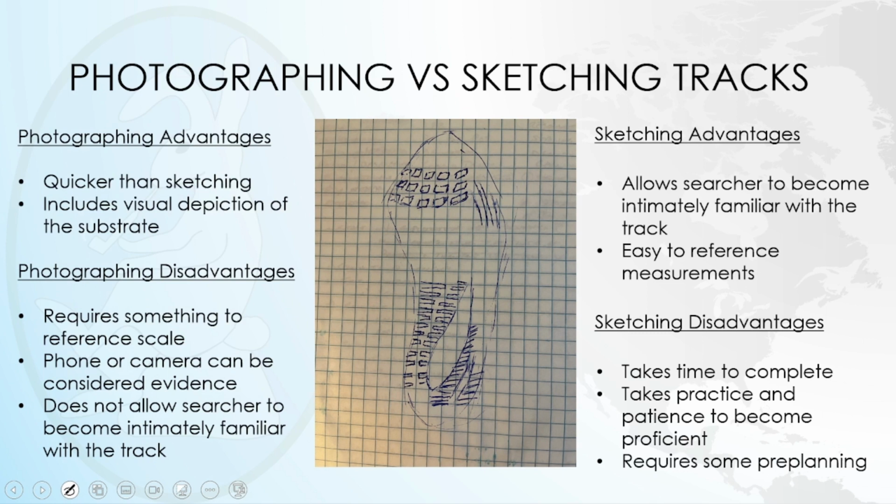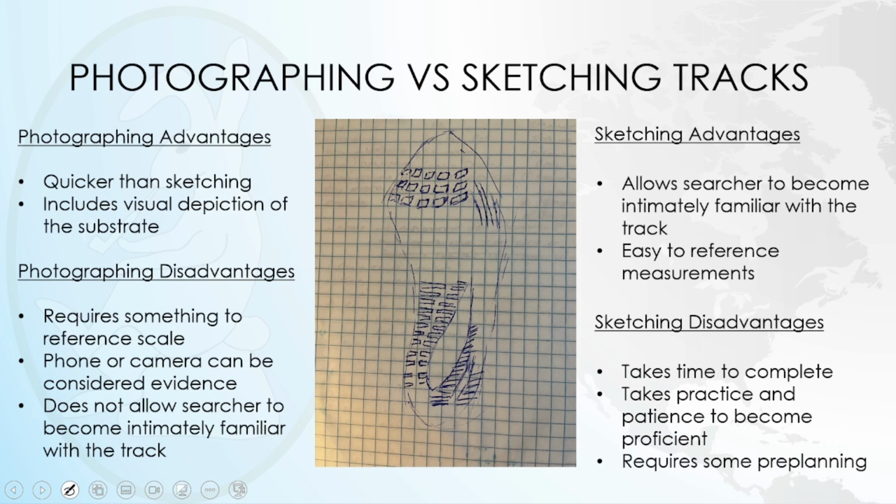Some of the disadvantages are that you may lose a little bit of the scale when it comes to a photograph. You can get in pretty close to a track to snap a picture to capture detail, but if you don't lay something down for scale, that can be lost. A big disadvantage is your phone or camera can be considered evidence if this turns into a criminal search for us.